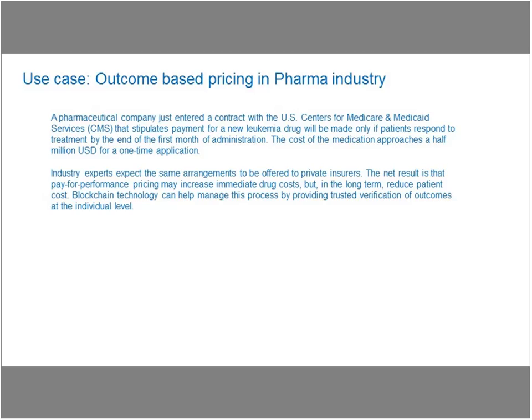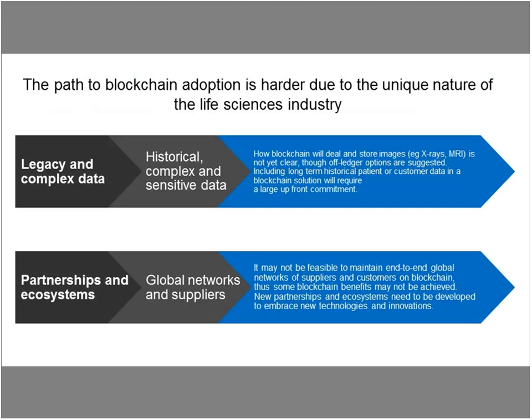These are some use cases I have created, and there are two things I want to mention for the life sciences industry: problems you need to take care of from the architectural perspective. One is legacy and complex data, and the other is partnership and the ecosystem. Legacy and complex data means things like X-rays and MRI, and how to store the images. Document upload is not possible inside the blockchain technology.